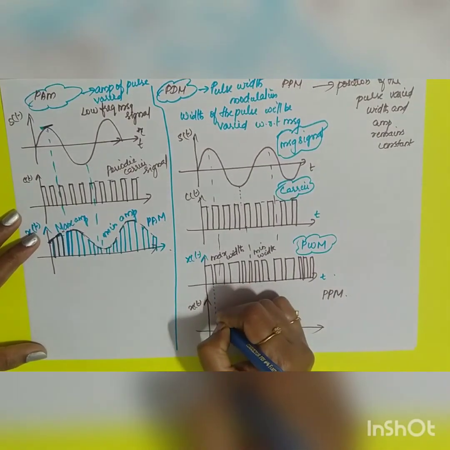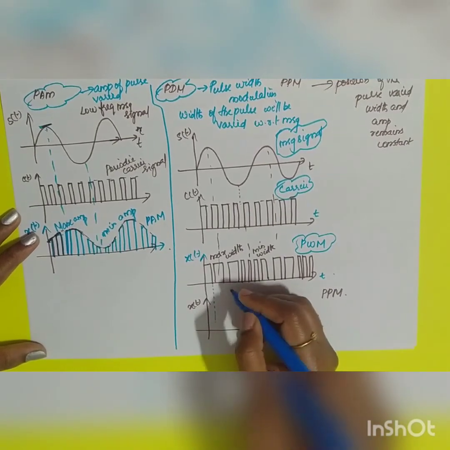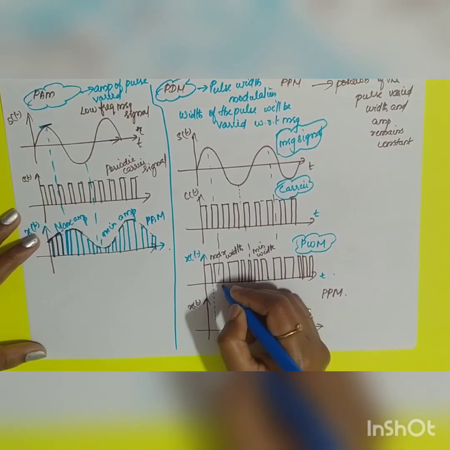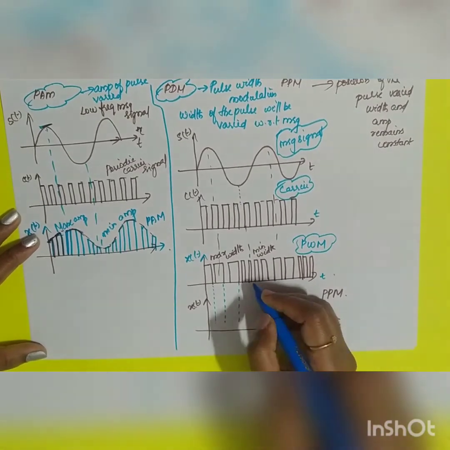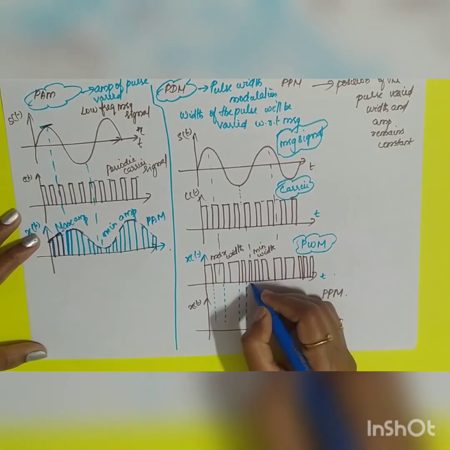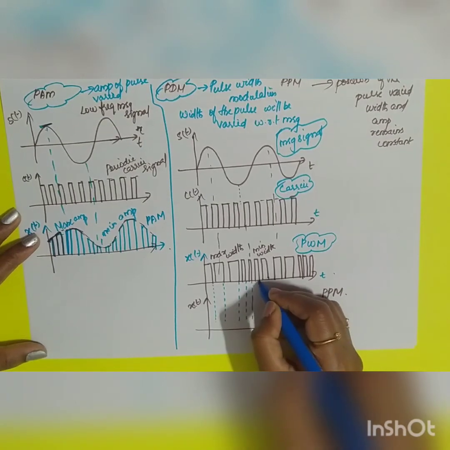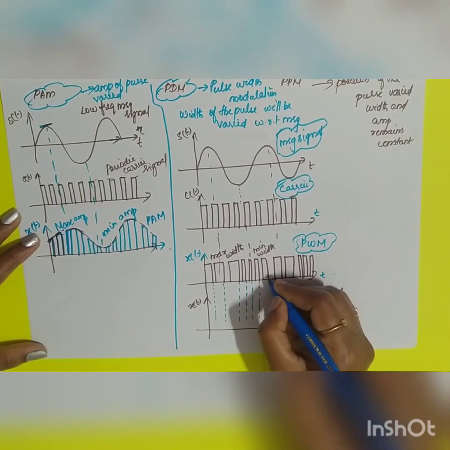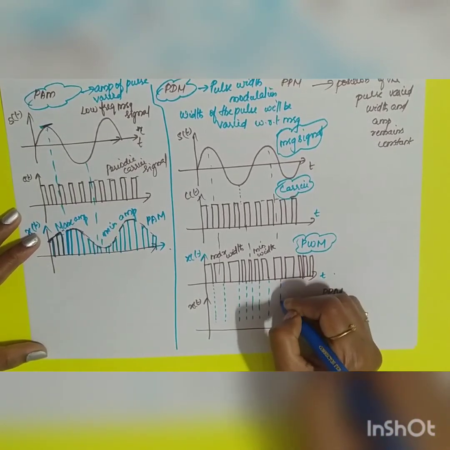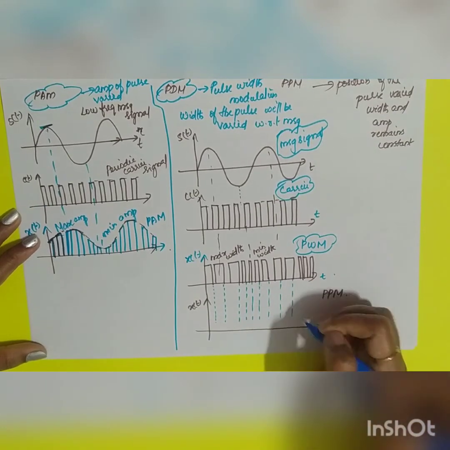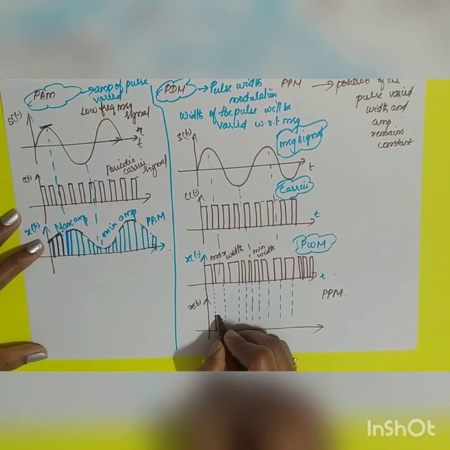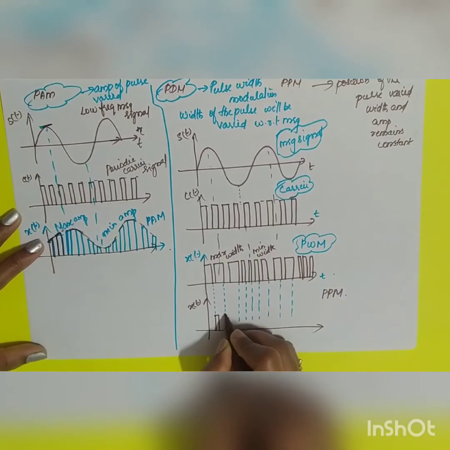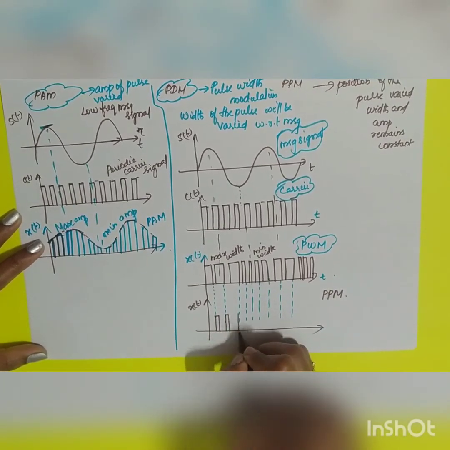Whenever you have this pulse width modulation, you can use triggering, negative edge trigger. So during the negative edge of the pulse width modulated wave, you will be having your pulse position modulation with constant amplitude and constant width.